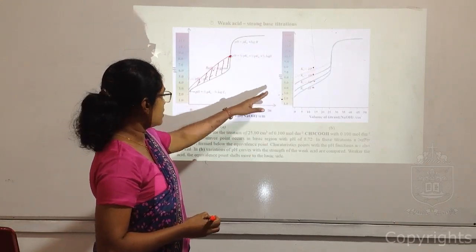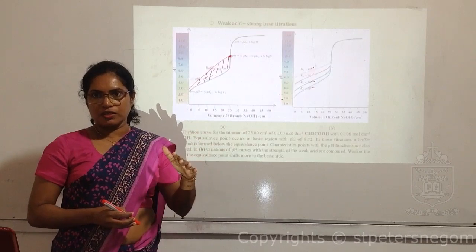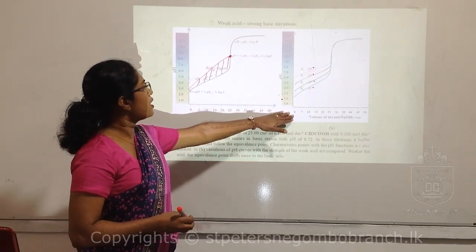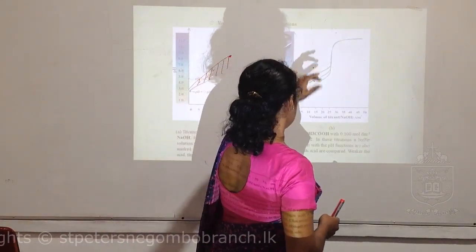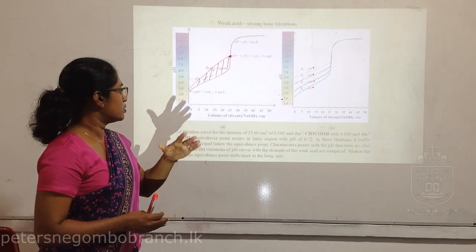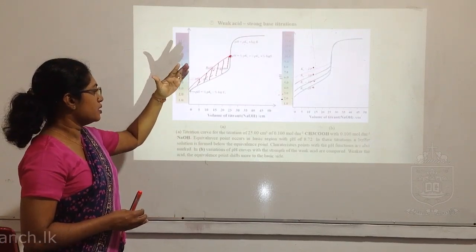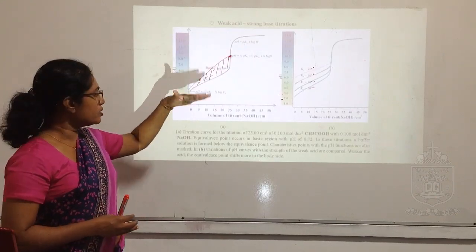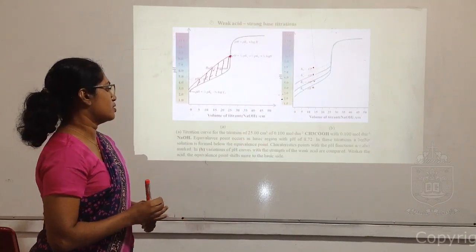And here you can see, when we change the concentrations of the base, this pH shifts more to the basic side. This steep change of the pH value shifts more to this side, to the basic side.